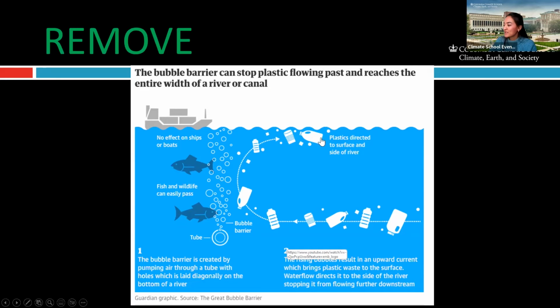It pushes the plastic up to the surface where it could then be filtered out or used in conjunction with another technology that was created by surfers. It floats in a marina and it funnels water in, trapping a lot of plastic, and it would have to be manually dumped pretty frequently, depending on the plastic content in that area. But used in conjunction with these bubble barriers that are bringing plastic to the surface could be a nice local solution and something where you could see the impact immediately.